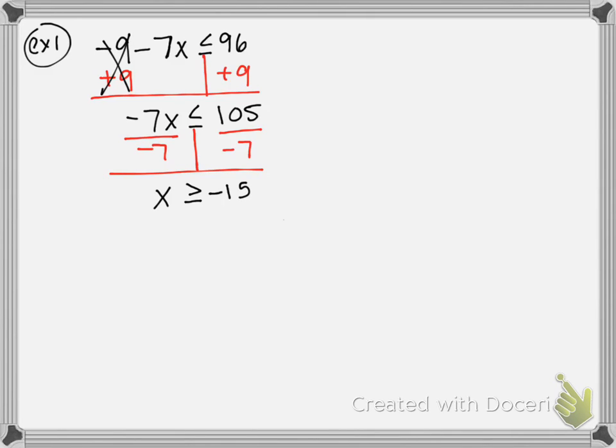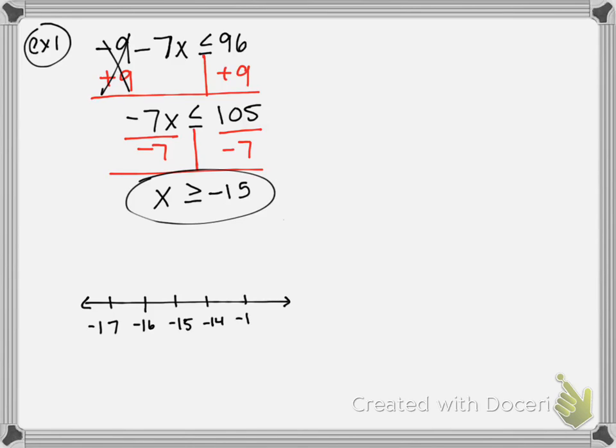Okay, so this is not where we're going to stop. This is our answer, but we're not stopping there. We are going to graph it on a number line. So I'm just going to have negative 17, negative 16, negative 15, negative 14, and negative 13.